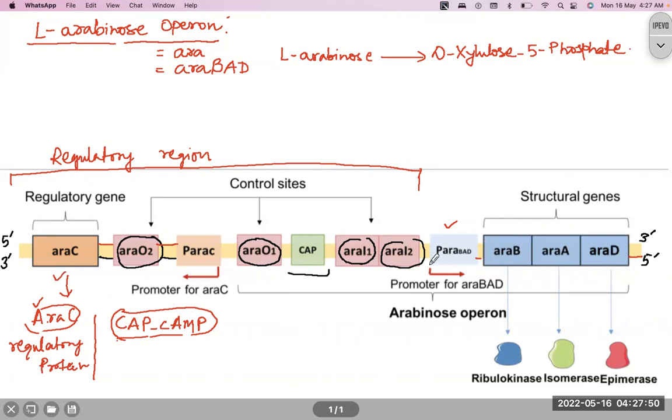So these are the promoter regions. CAP binding site हो गया, and this is the promoter for araC. This operator is for the araC. O1 is the operator for araBAD, and these are the initiator regions, and this is the promoter region. तो आप यहाँ ऑब्जर्व करोगे for araBAD genes, operator is upstream to the promoter.